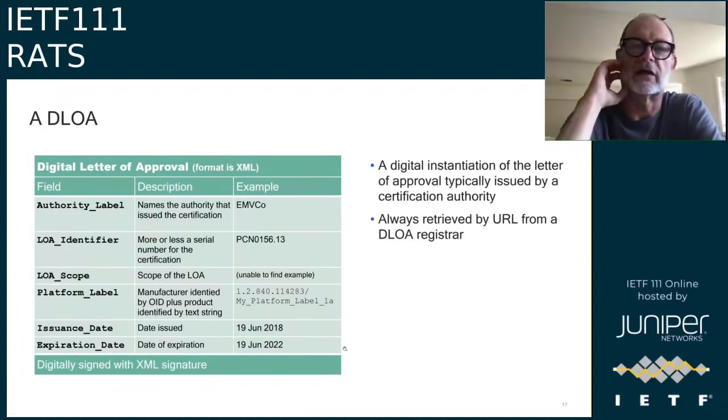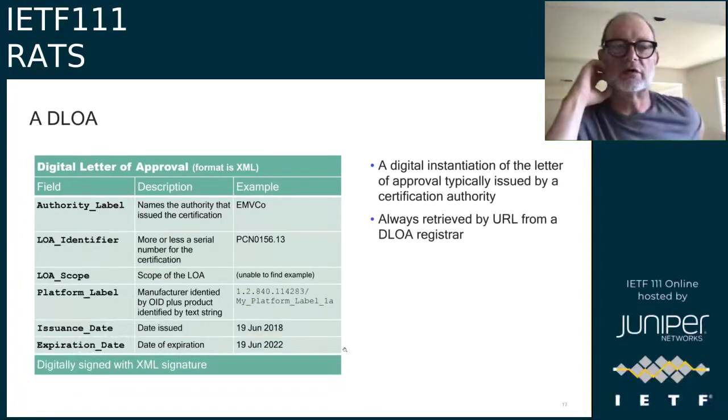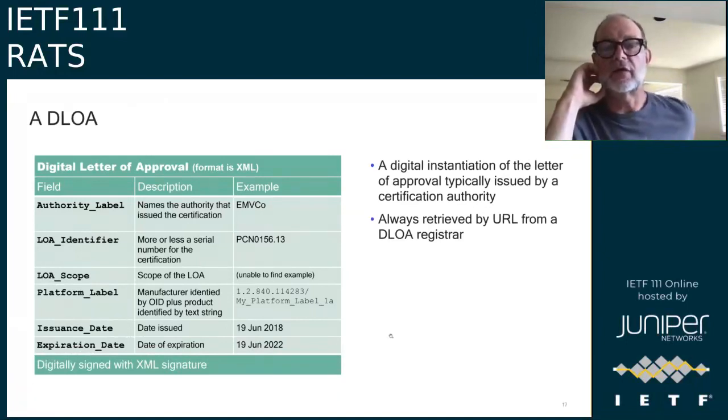So the actual DLOA would never be in an EAT. Only a URL to retrieve the DLOA would be in the EAT. So it's pretty simple. What's in a DLOA? The authority who issued it, for example, Embco, an identifier, which is basically kind of a sequence number, serial number.